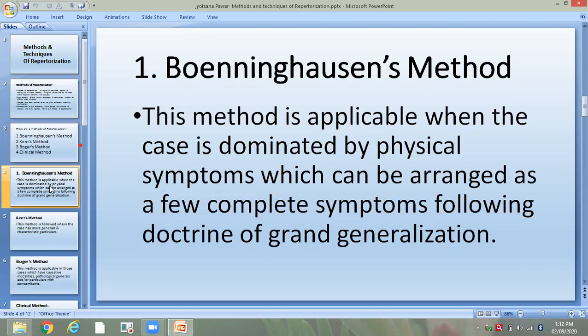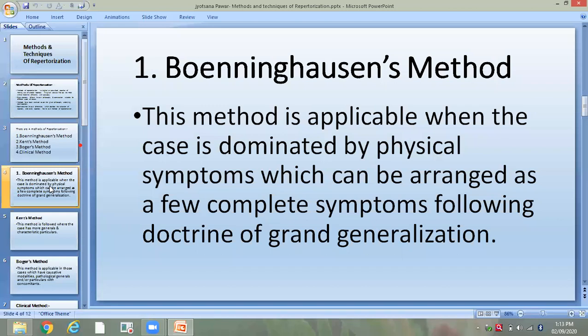Boenninghausen's method of repertorization. All of you know the philosophy of Dr. Boenninghausen and what he gave importance to. In his therapeutic pocket book, as we discussed in the classification of repertory, he gave importance to the complete symptom. That means location, sensation, modality and concomitant.